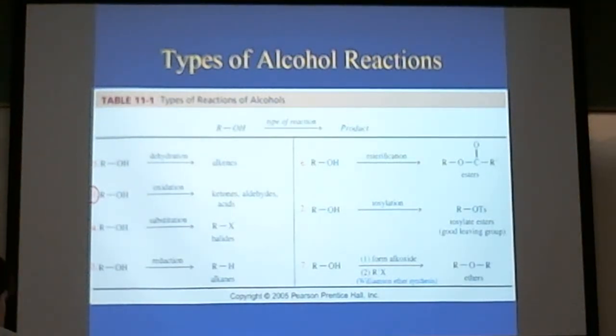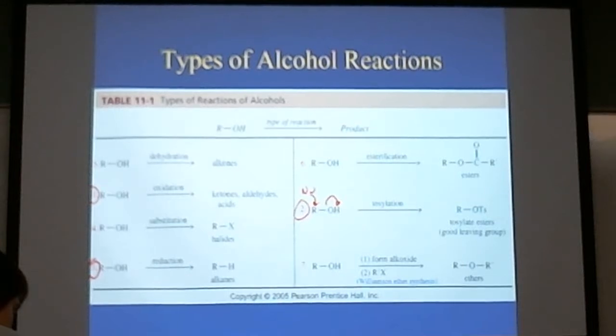We're going to look at oxidizing alcohols, oxidizing them to ketones, aldehydes, carboxylic acids. Then we're going to look at converting an alcohol into a good leaving group. We need to do that so that we can then, using a good leaving group, come in with a nucleophile and have this leave.